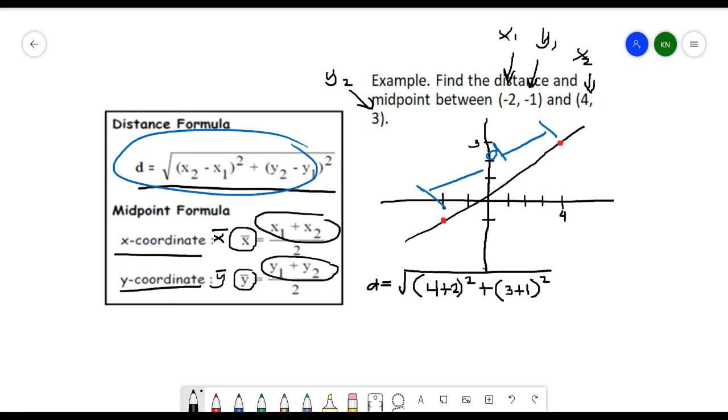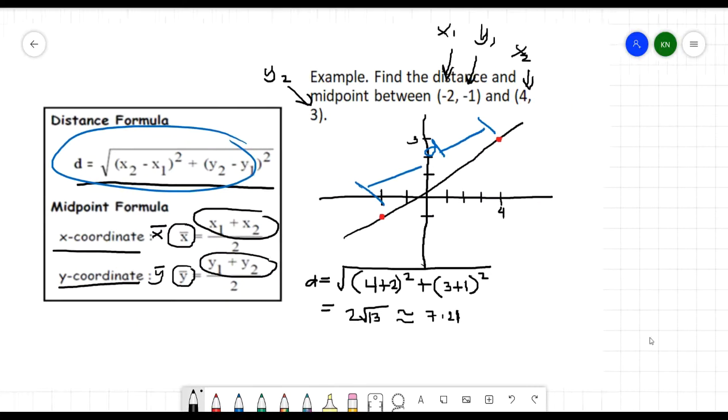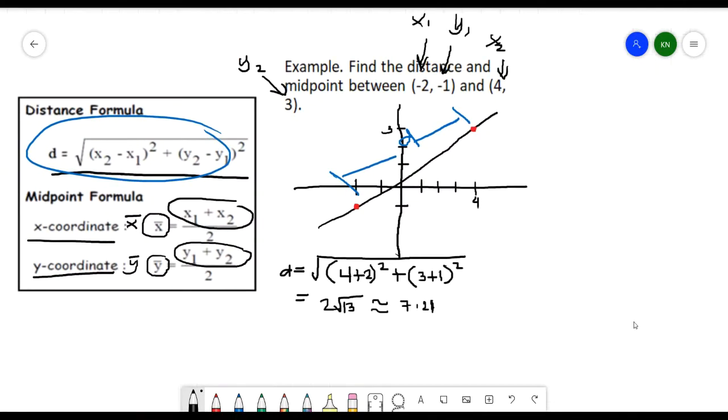If you calculate this, our distance is equivalent to the square root of (4 plus 2) squared plus (3 plus 1) squared. That is equivalent to 2 square root of 13, or approximately 7.21. So the distance between the two points is 7.21 or 2 square root of 13.